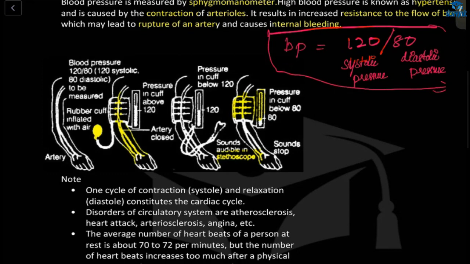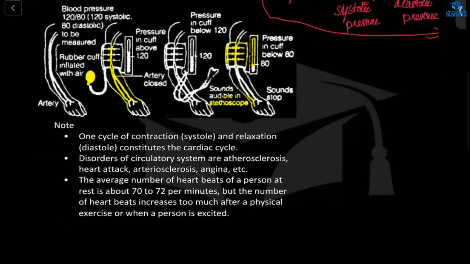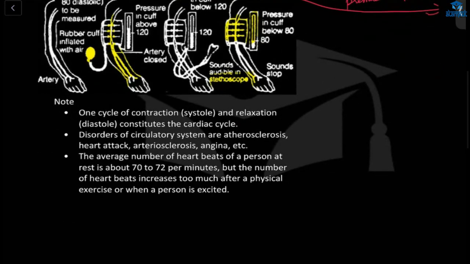Next, after they bring it to a relaxation state, the sound will be different. So the sound will be measured. Nowadays, this device is not used, only something simple. They put a finger device and measure it. It is much simpler.